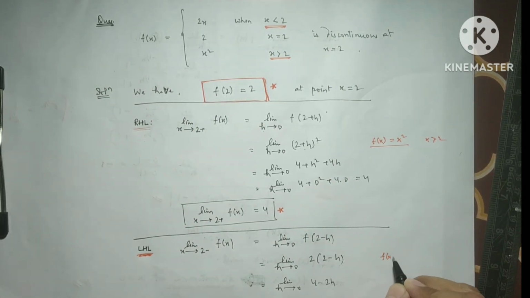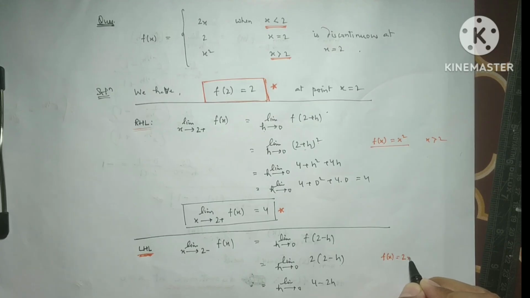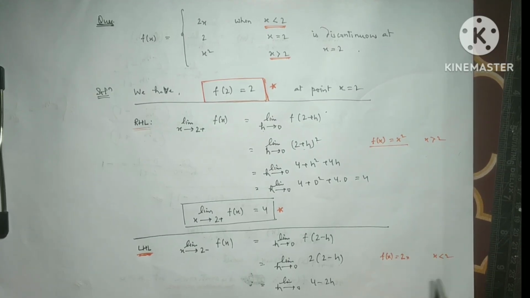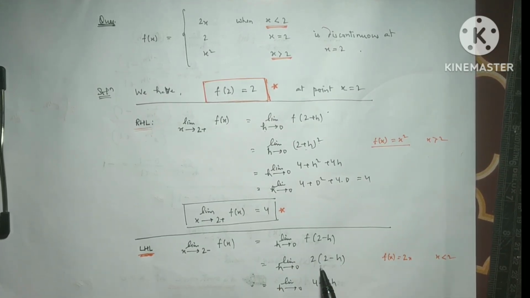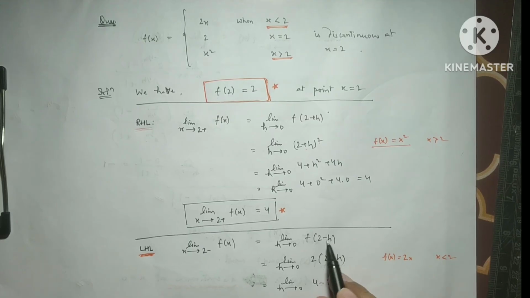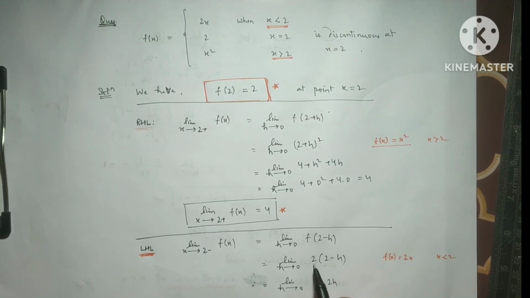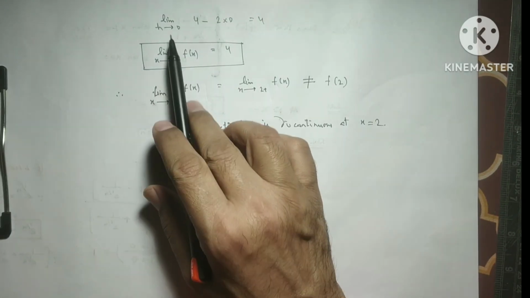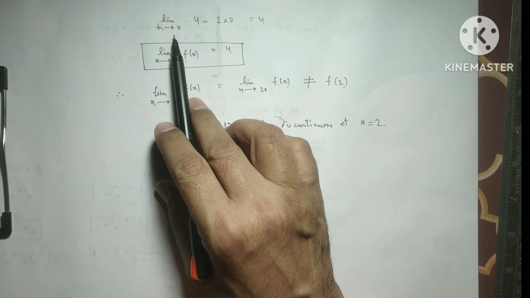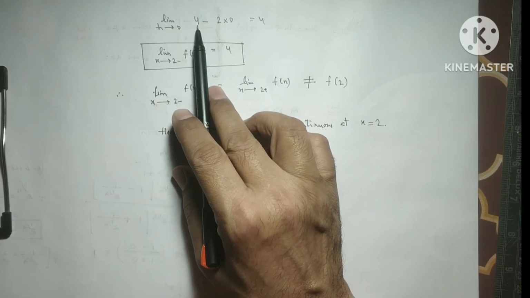The function f(x) gives the definition 2x when x is less than 2. So on putting the value 2 minus h in this function, twice of (2 minus h), we get 4 minus 2h. On putting h tends to 0 in this function, we get 4.